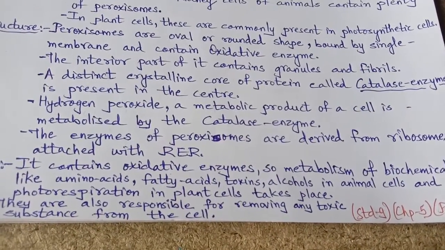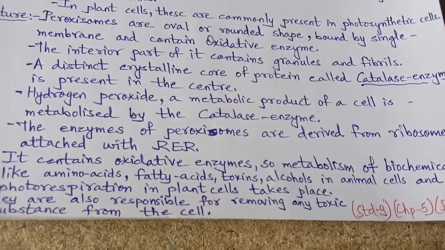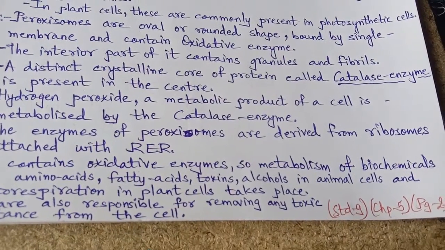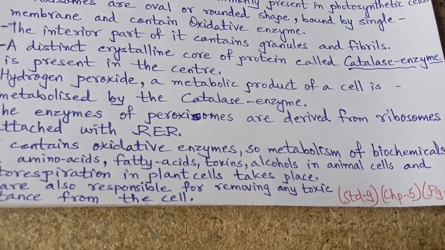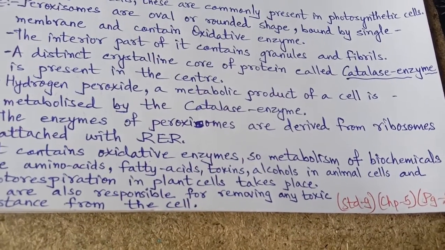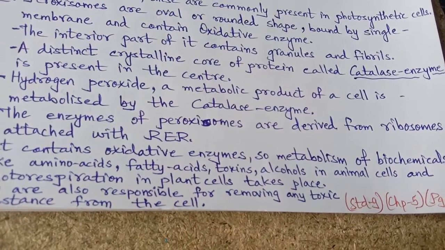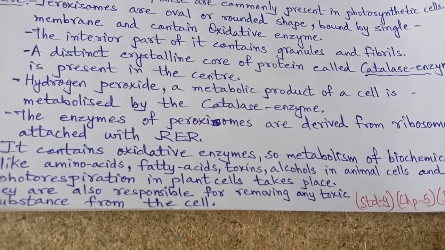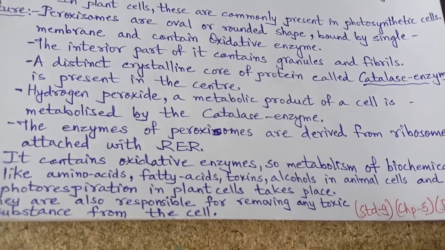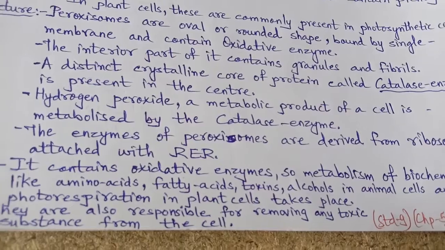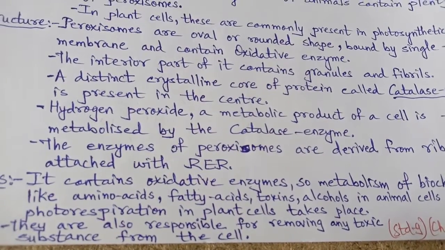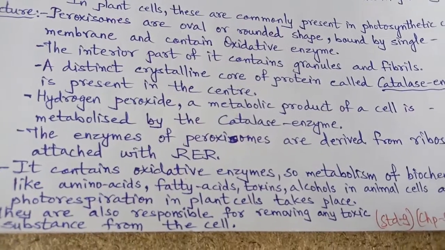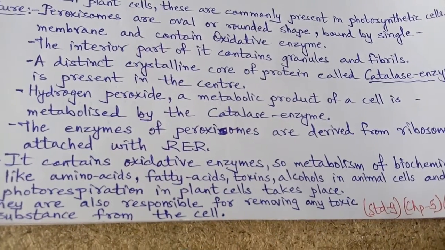Because of the presence of oxidative enzymes, as I told, enzymes are those biochemical substances which are used in our biological, living body. These are the biological substances which help in the reactions of the body, that is metabolic activities, and oxidative enzymes are those enzymes which are rich in oxygen.